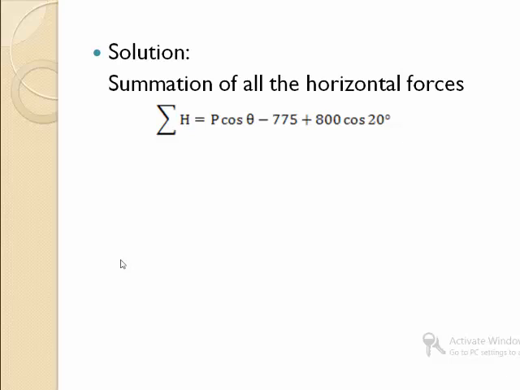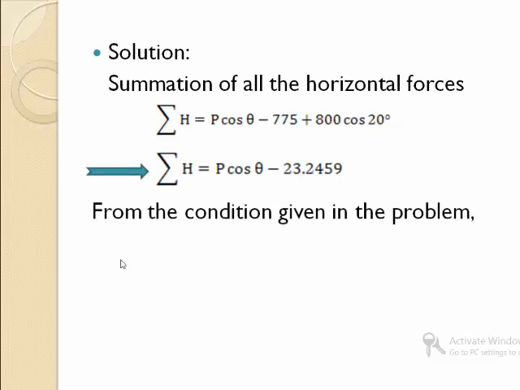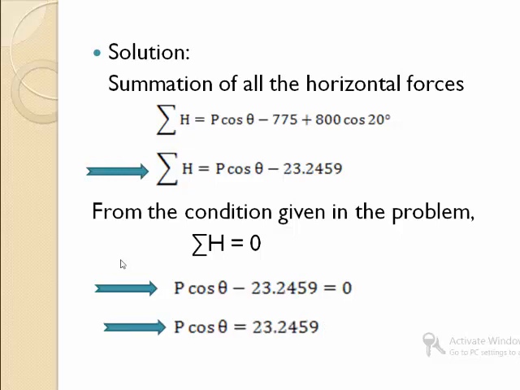So in the problem it is given that the summation of all the horizontal forces is 0 because the resultant is purely acting along the positive y-axis. So this summation H can be equated to 0. So we can get this relationship equation as P cos theta is equal to 23.2459. So we can have this expression as equation 1.